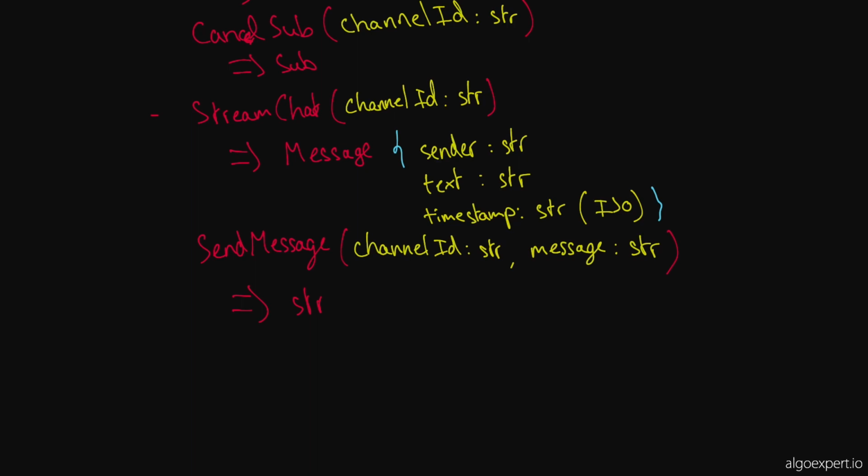One thing to keep in mind here, though, is that this send message API, I'll actually write out the fact that it can return an error. And here, this error, I'm not even talking about a network error or something like that. I'm talking about an error if the user is banned from the chat. So in the event that the user is banned and cannot send messages, but somehow calls this endpoint, we want to throw an error.